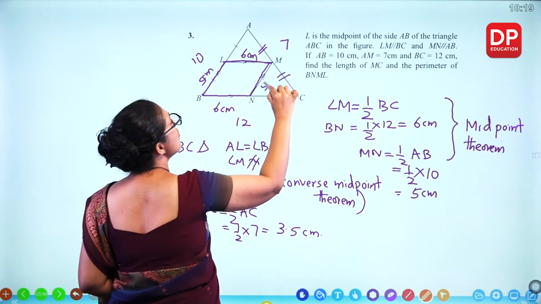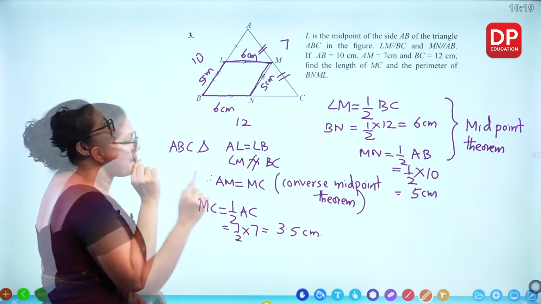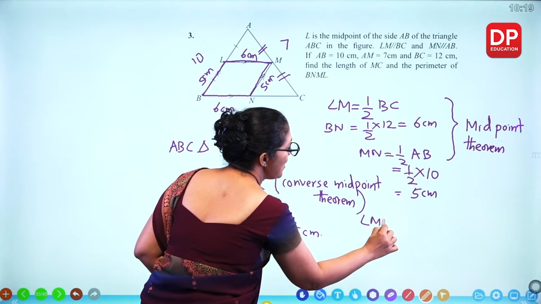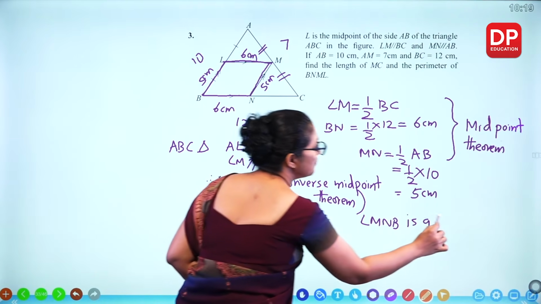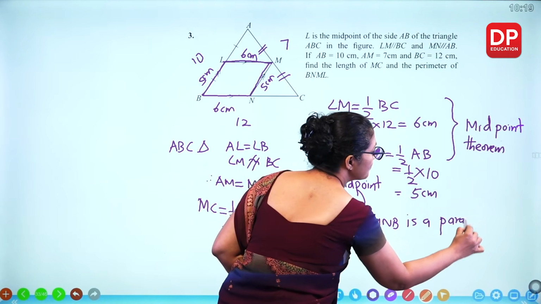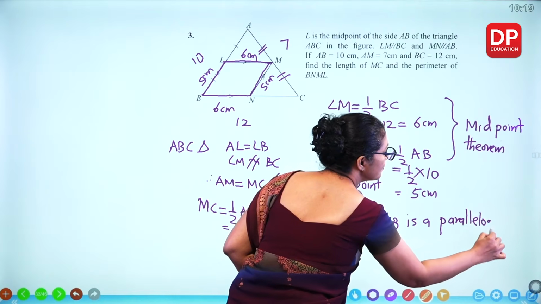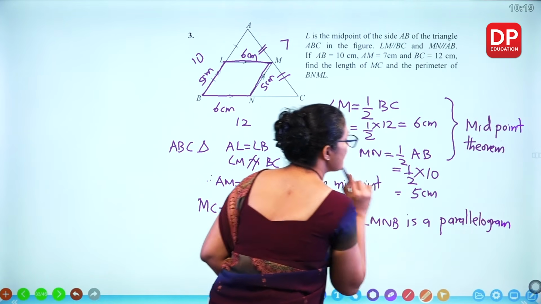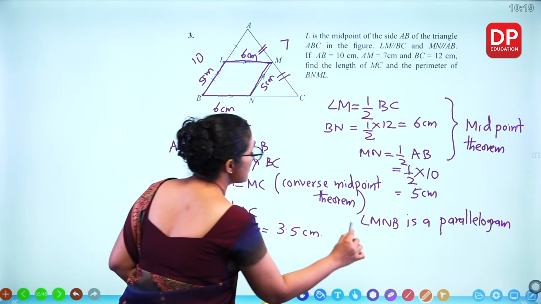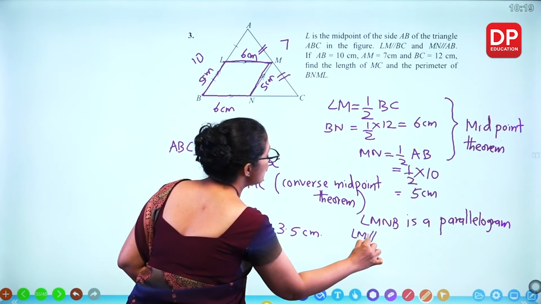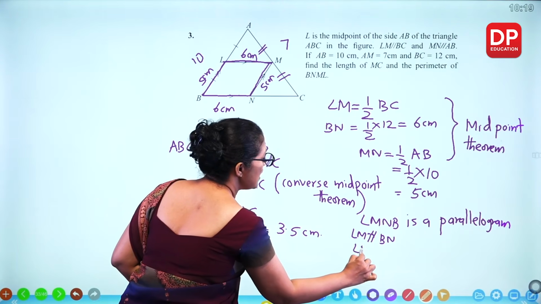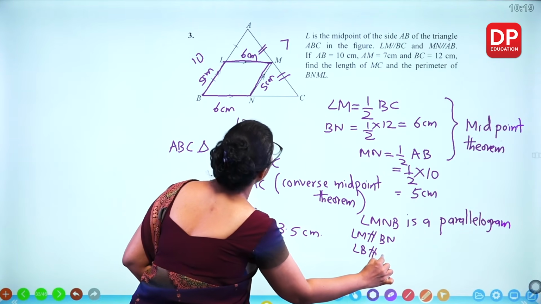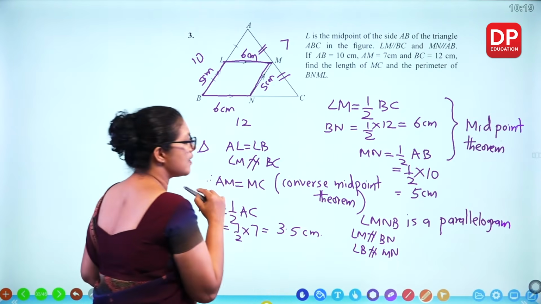So this is also 5 because LMNB is a parallelogram. Because LM is parallel to BN, LB is parallel to MN. All are given.